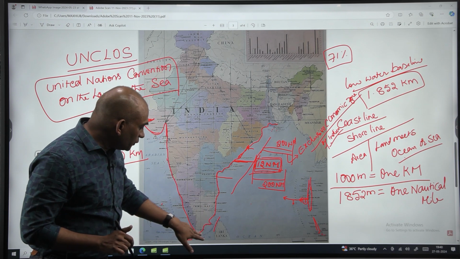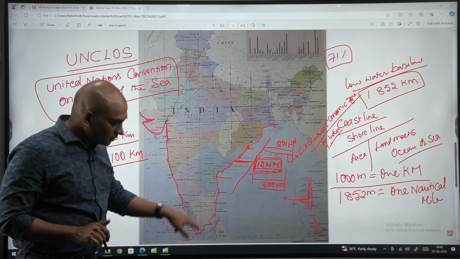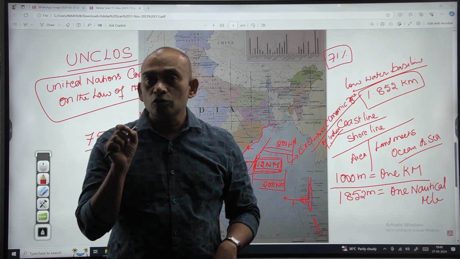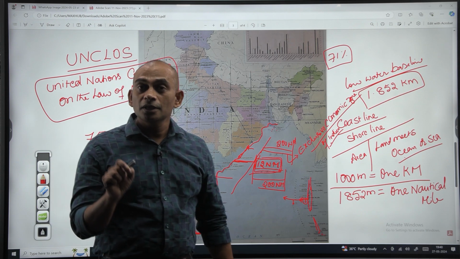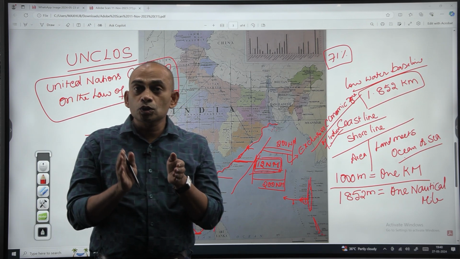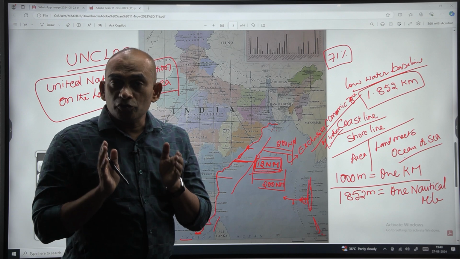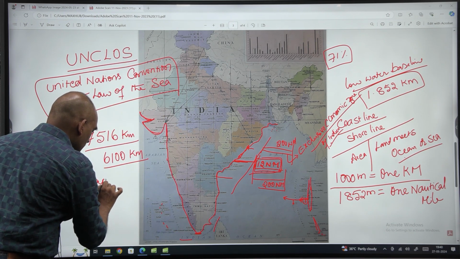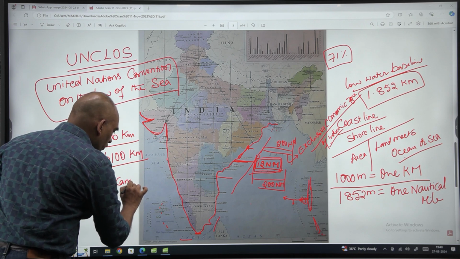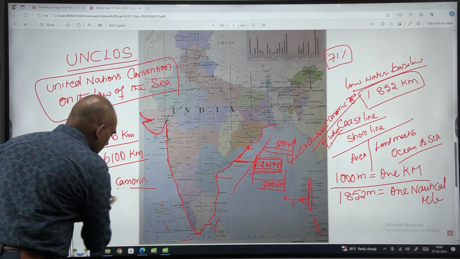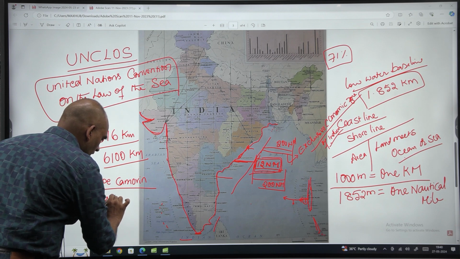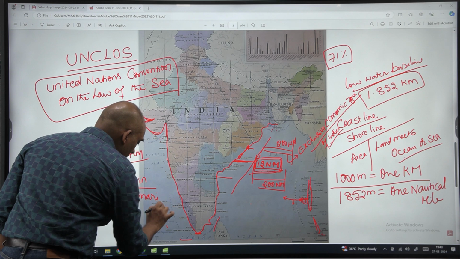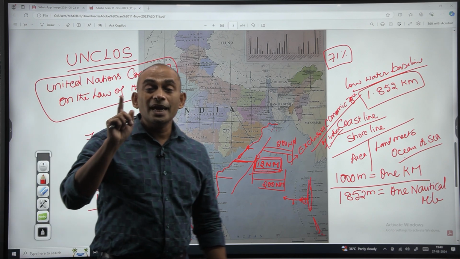But if you take the mainland, the southernmost tip of India is located in Kanyakumari. That point is also known as Cape Comorin. This is located in Kanyakumari. This is the southernmost tip of the mainland.